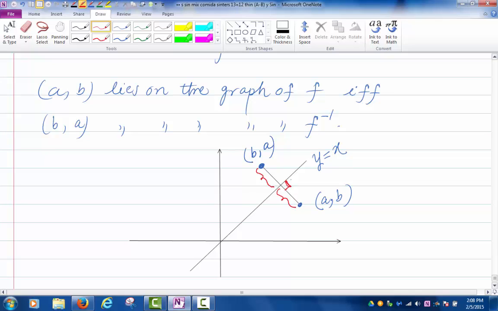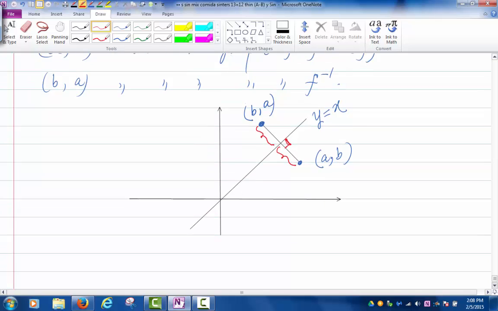So if I understand the relationship between the positions of AB and BA, then what would be the relationship between the graphs of f and f inverse? The graph of f will be the reflection of the graph of f inverse across the line y equals x.